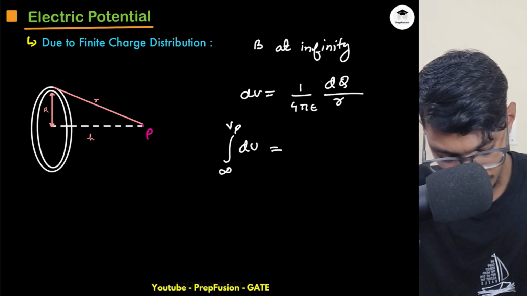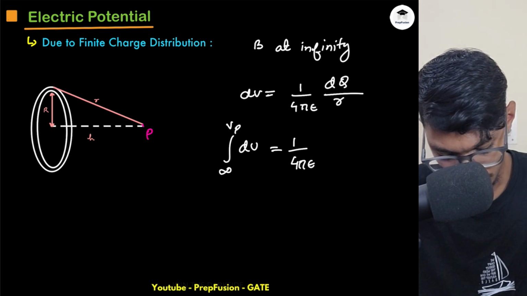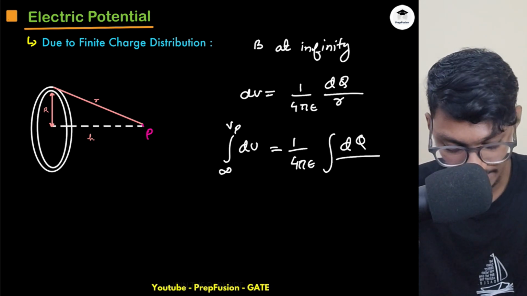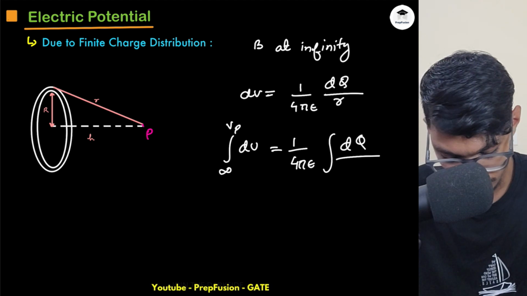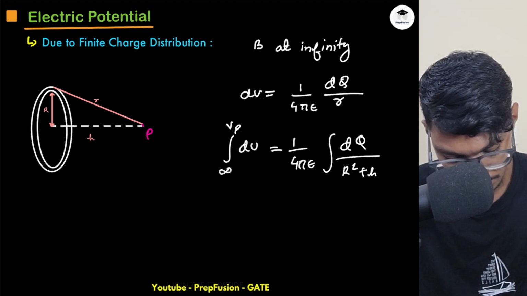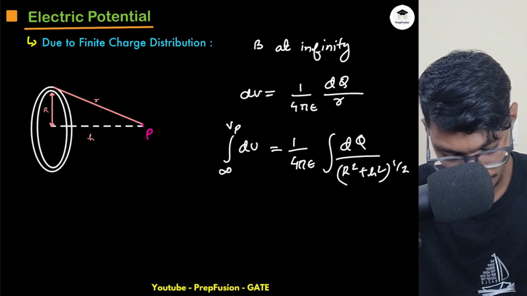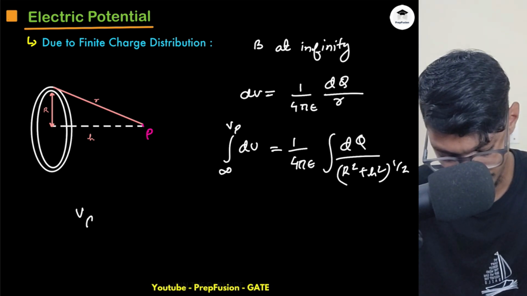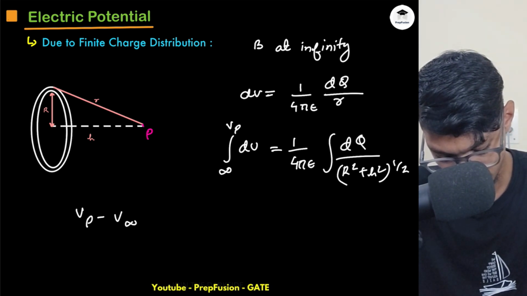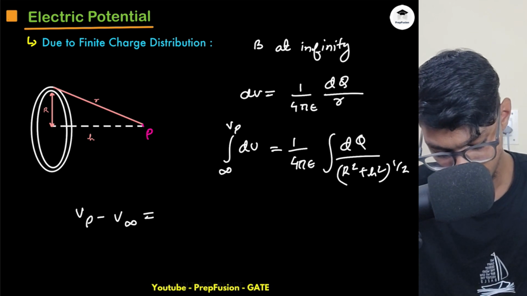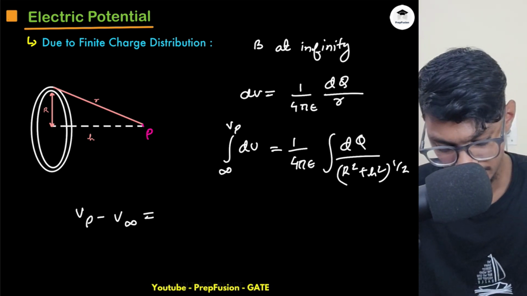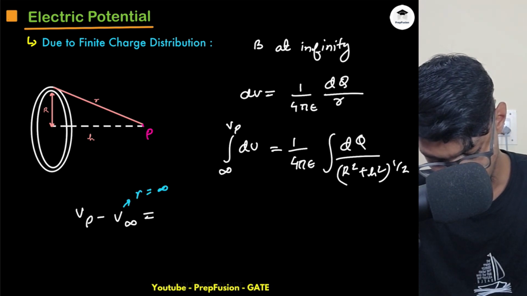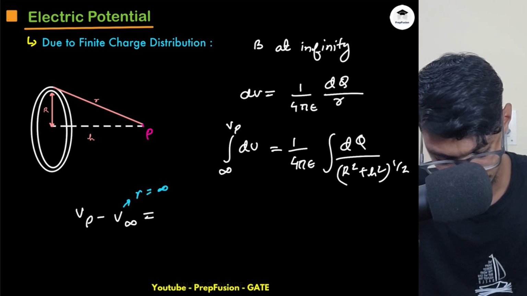So it comes out to be 1 by 4 pi epsilon and dq by R, and R in terms of r is capital R squared plus h squared, whole to the power 1 by 2. This will come out to be V of P minus V of infinity, and V of infinity is 0, because this is at r infinity.